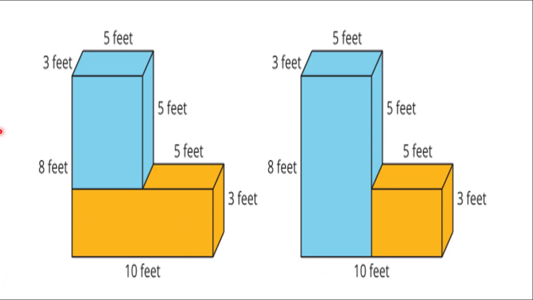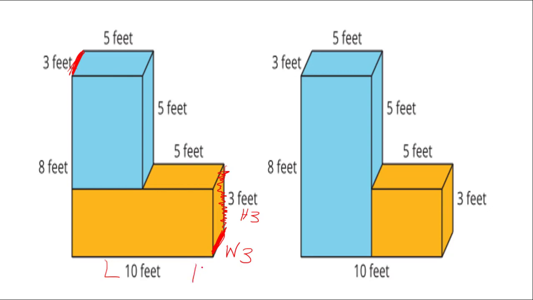So on this one, let's look at the bottom rectangular prism. So my length is 10. My width is right here. So this would have to match this. So my width would be 3, and my height right here is also 3.